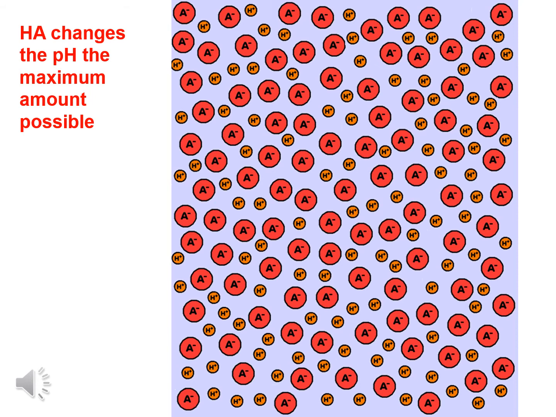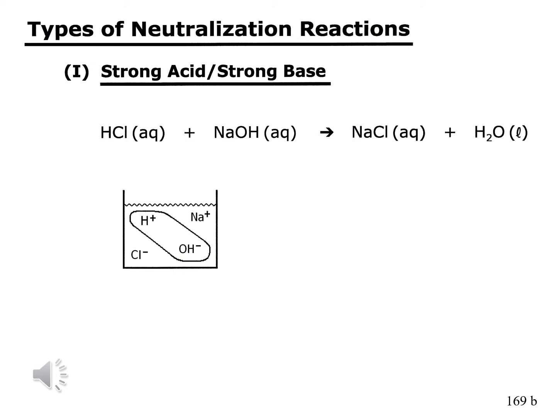They're free in solution. To look at this reaction ionically, HCl splits apart 100% into ions, and so does sodium hydroxide. The only two ions that can do anything are the H plus and the OH minus, and they will come together to make water.